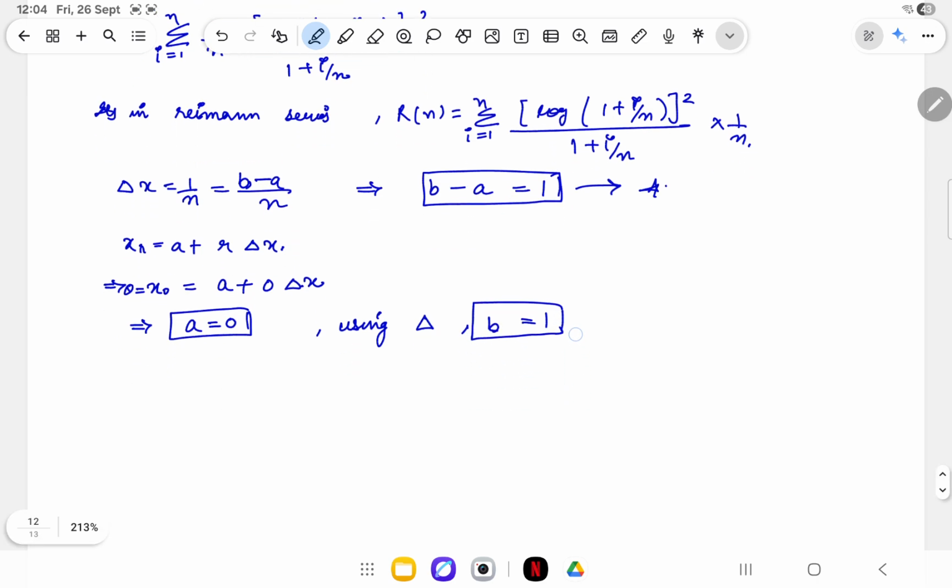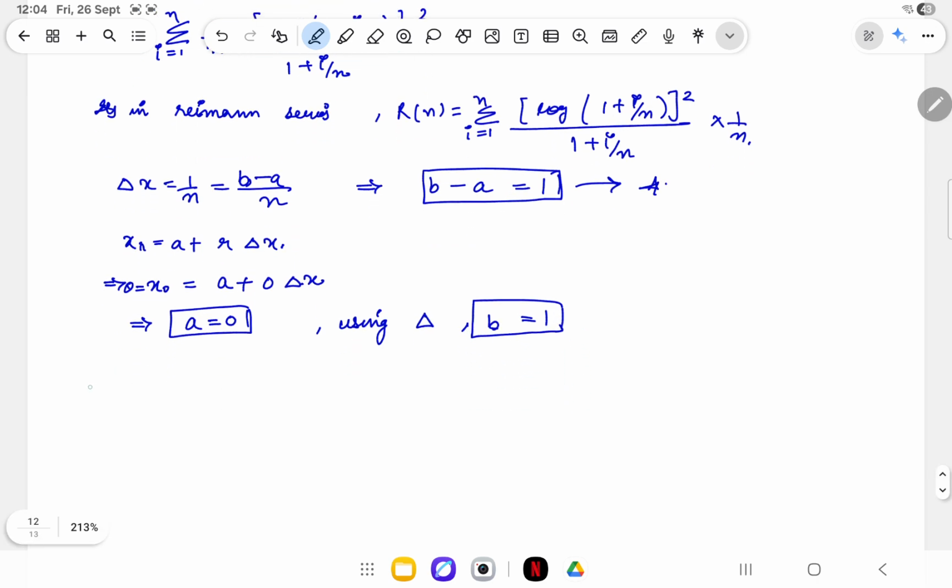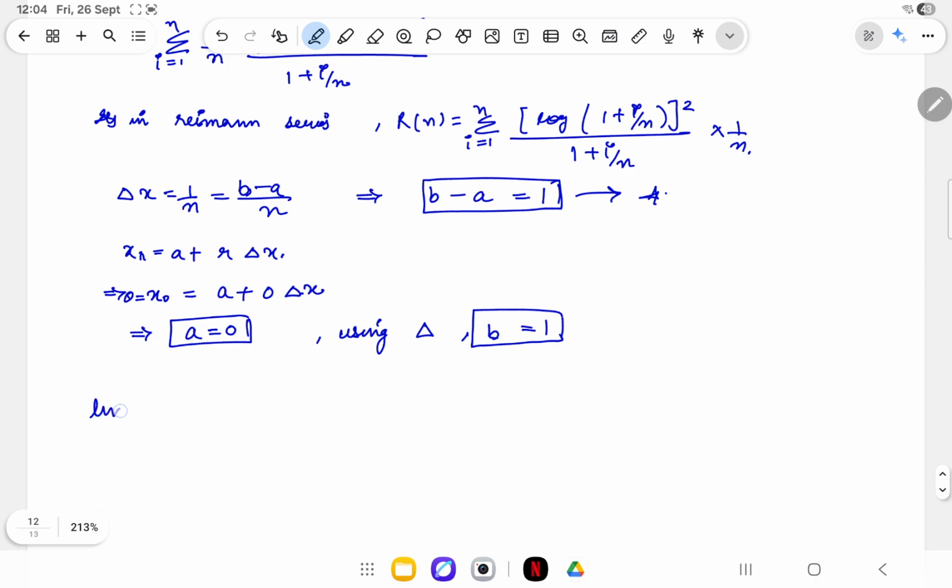So let's reduce it in integral format. This limit L, limit n approaches infinity, Sn will be basically equal to integral 0 to 1 of log (1 plus x) square divided by 1 plus x dx.